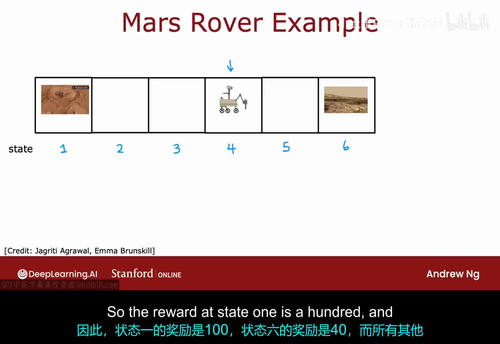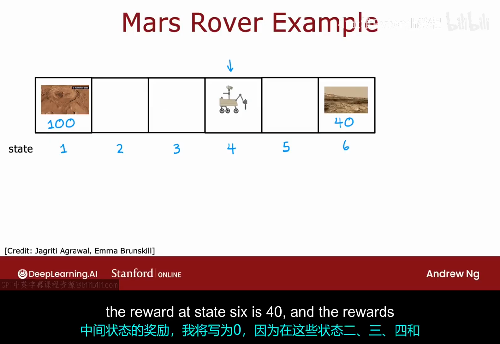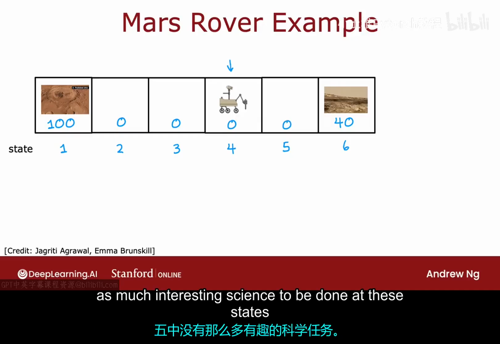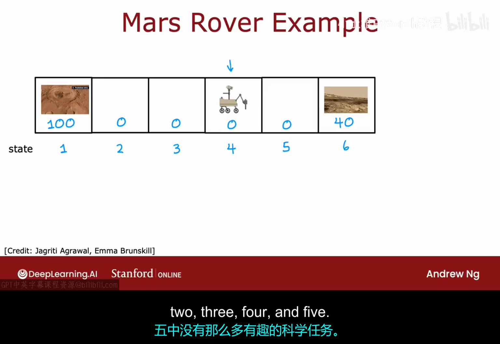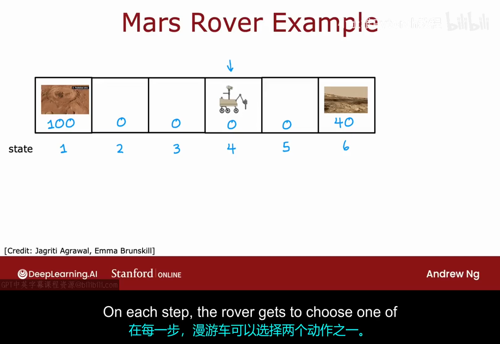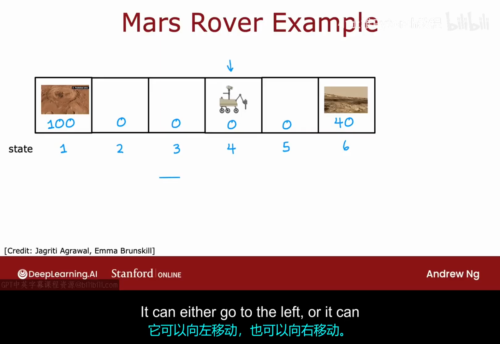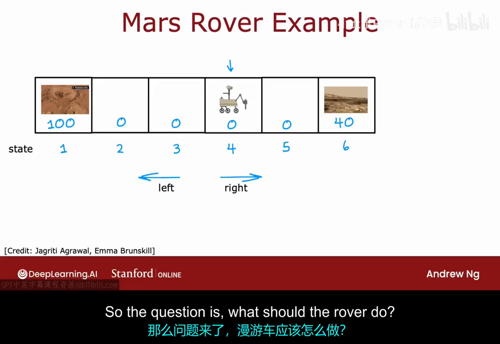So the reward at state 1 is 100, and the reward at state 6 is 40, and the rewards at all of the other states in between, I'm going to write as a reward of 0, because there's not as much interesting science to be done at these states 2, 3, 4, and 5. On each step, the rover gets to choose one of 2 actions. It can either go to the left or it can go to the right. So the question is, what should the rover do?